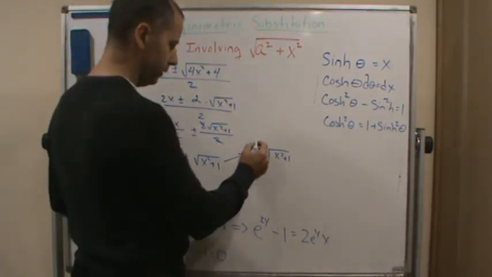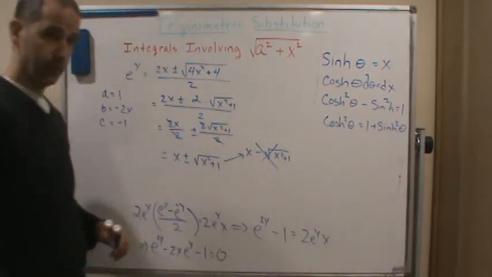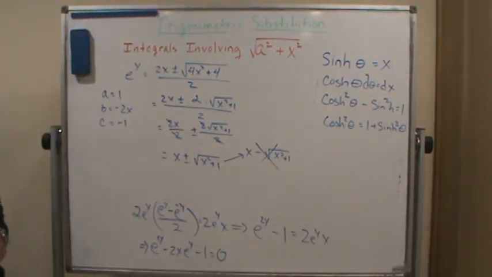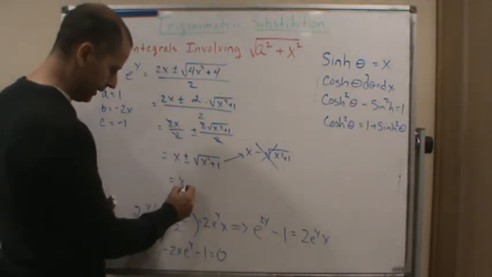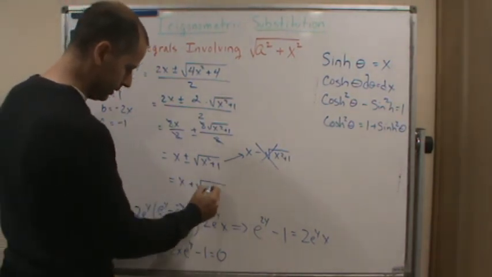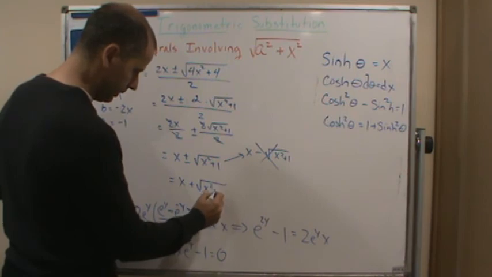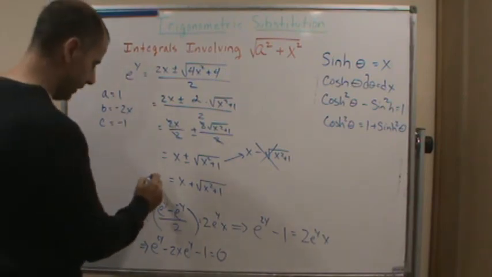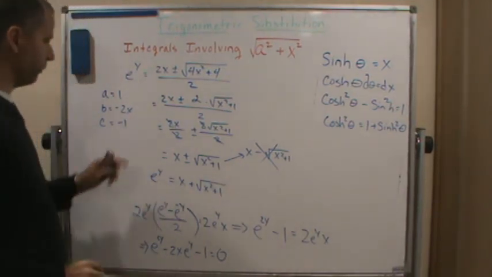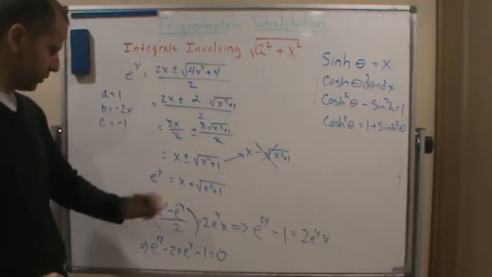So this one is not the one we want. So that means we want x plus the square root of x squared plus 1. Now, this is e to the y, right? Don't forget, e to the y is equal to this.